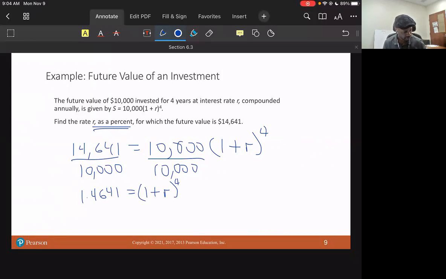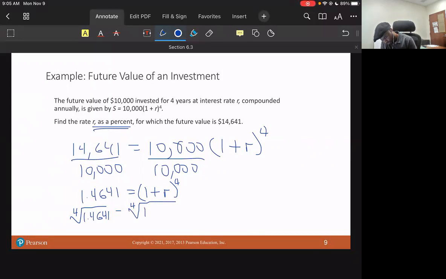So let me pull up my calculator here, because we've got to take a root. We're going to take the fourth root of both sides. Now, we don't really want to round until the end. Notice this is an even root.